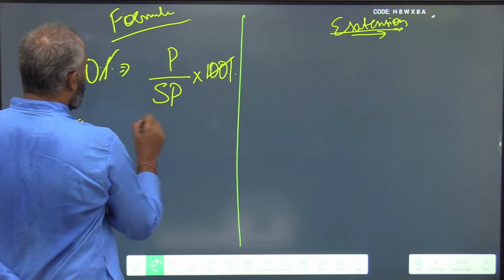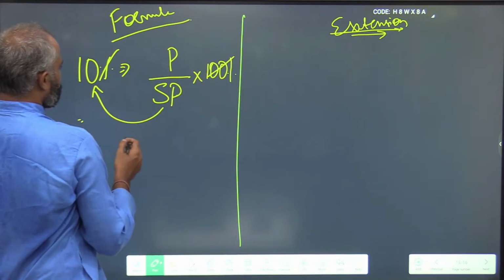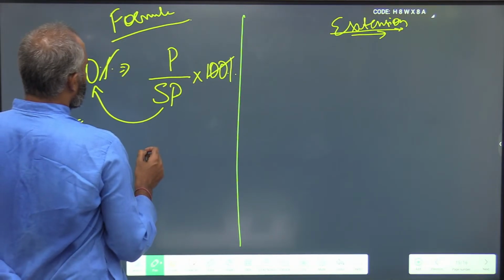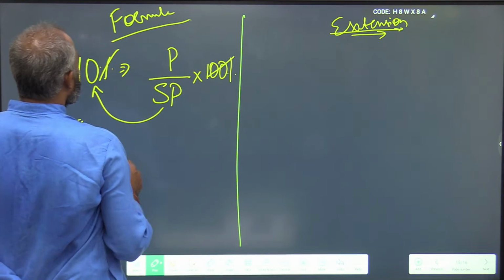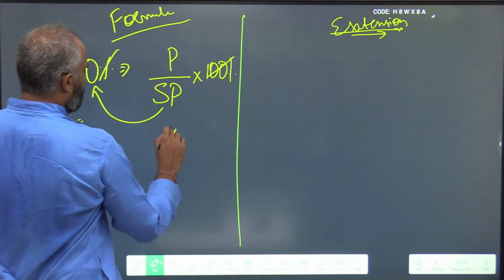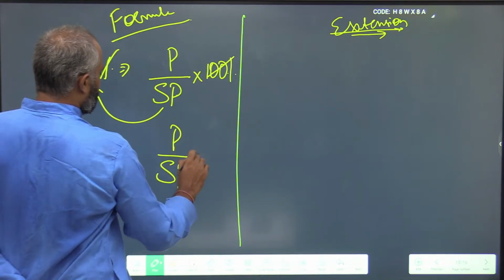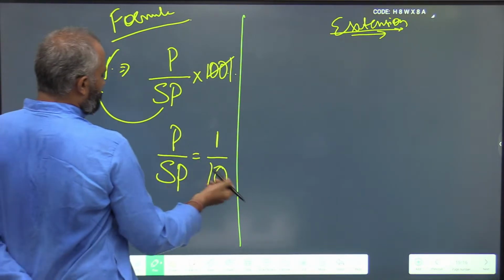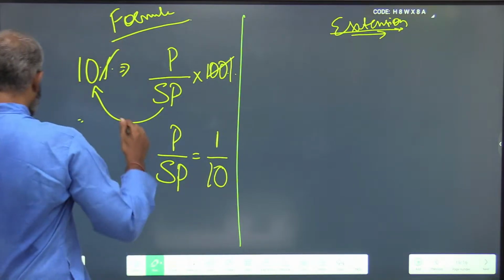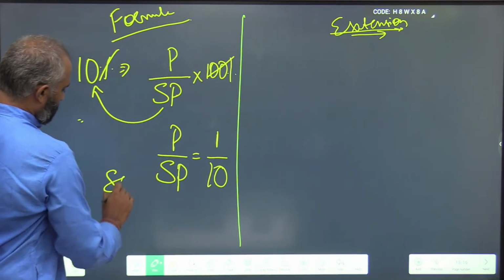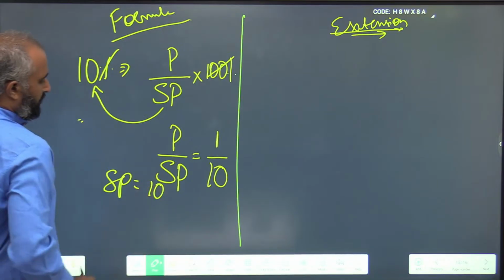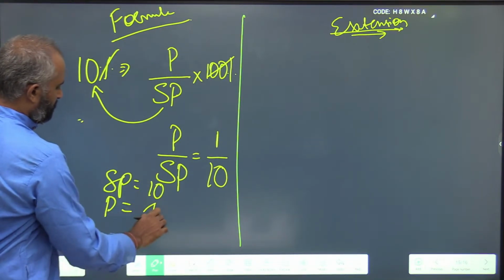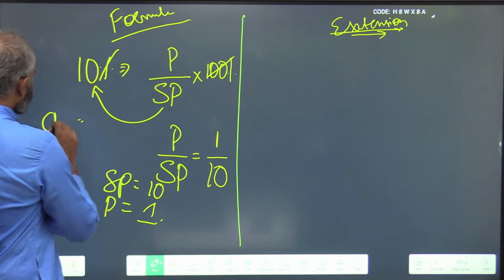So can I tell that profit by SP, the ratio is 1 by 10. Profit by SP, the ratio is 1 by 10. You see here, SP is 10, profit is 1.